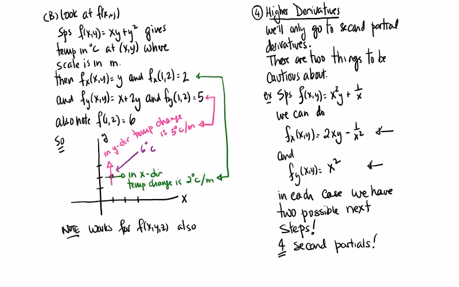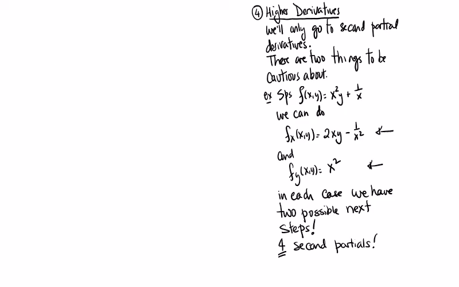So let me do all of those. Let me clear the left-hand side. I'll leave the right-hand side, and we'll work through all of those. So here are the possibilities. From this f sub x that we did, once we've done that, we can do x again. So the notation here is f sub xx.